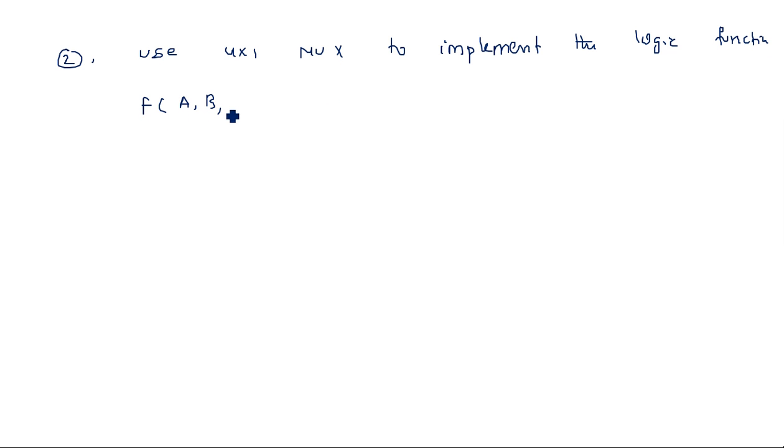So, use 4 by 1 mux to implement the logic function F of A, B, C equal to summation of m of 1, 2, 4 and 7. You have to use a 4 by 1 mux.